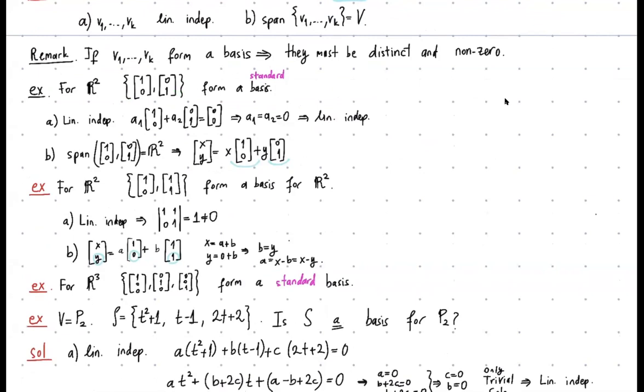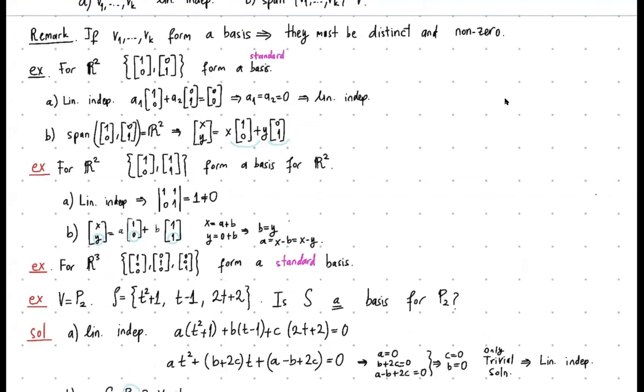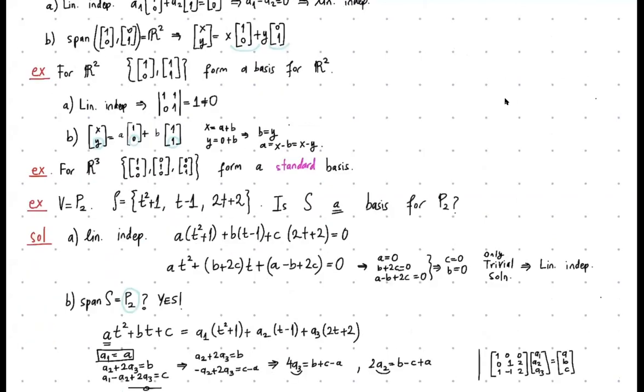If you remove any of these vectors, you do not get the span. And you cannot add any vectors to this, because if you add any vector here, you can already obtain that vector from these two, so you lose linear independence. Okay, so that's it about the basis vectors. So these are the things we did before.